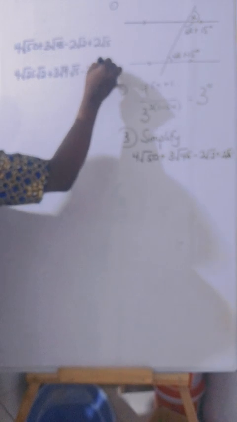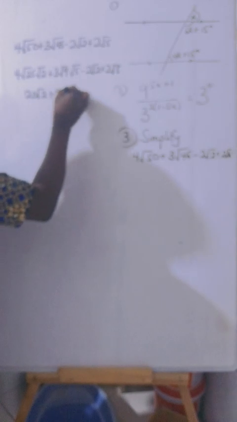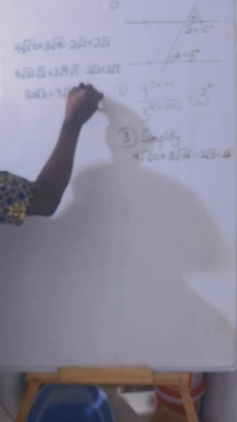So minus 2 root 2 plus 2 root 5. Right, so this root 25 will give you 5. 5 times 4, that's 20. So 20 root 2. This root 9 is 3. 3 times 3 is 9 root 5, minus 2 root 2 plus 2 root 5.